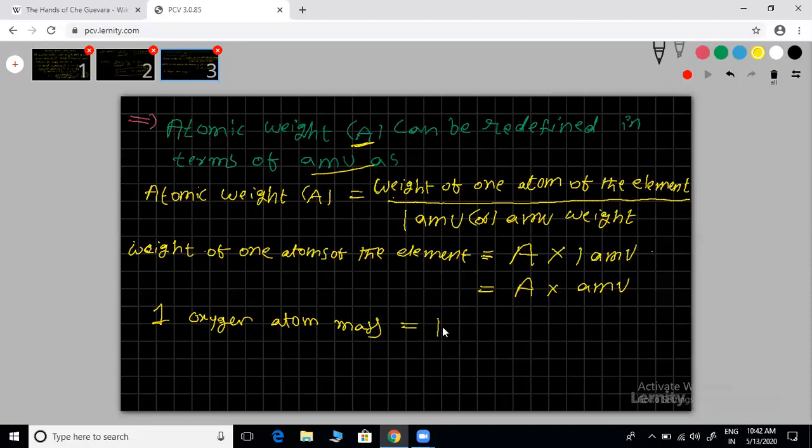In place of A, 16 into AMU. I hope you know the AMU value, you already derived it: 16 into 1.66 into 10 power minus 24 grams. This is the actual weight of one oxygen atom. Very clear.